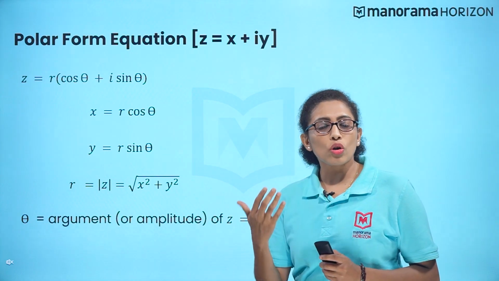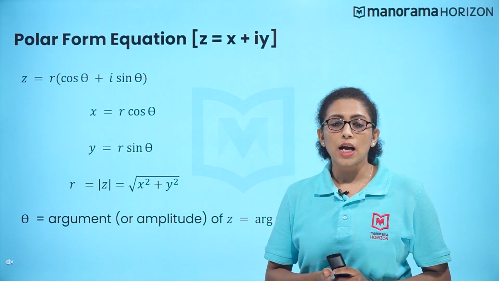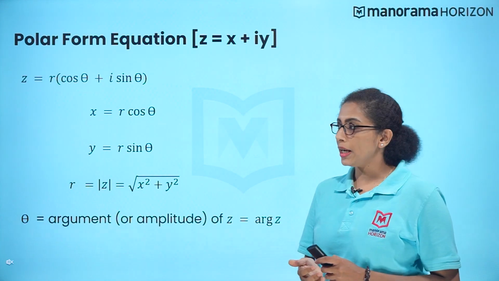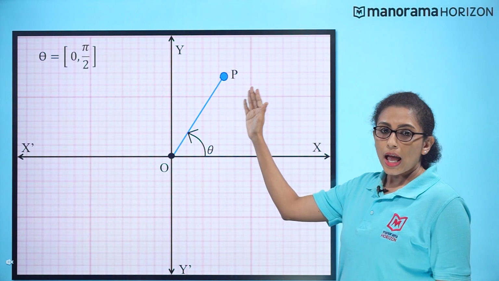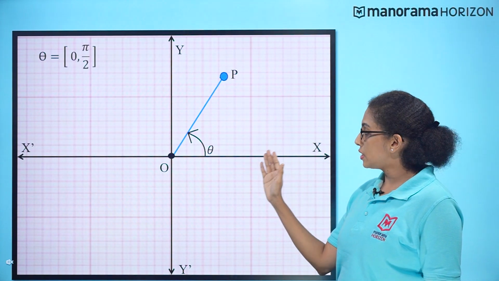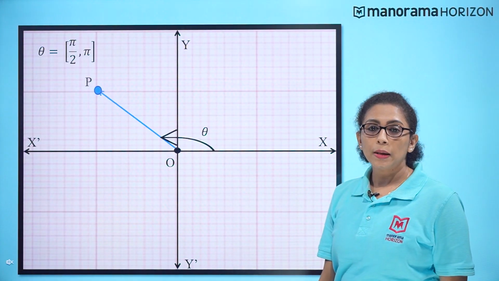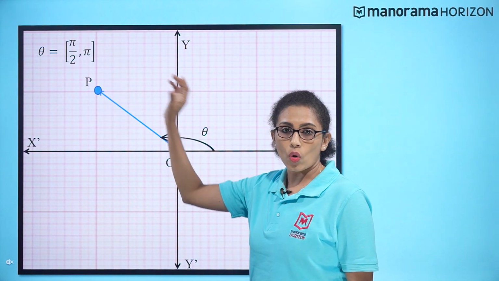For any non-zero complex number z, there corresponds one value of theta in the interval 0 to 2 pi, which means the point P lies in the first quadrant and the value of theta lies between 0 and pi by 2.